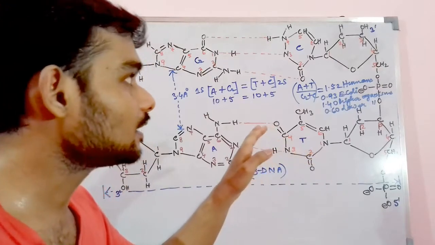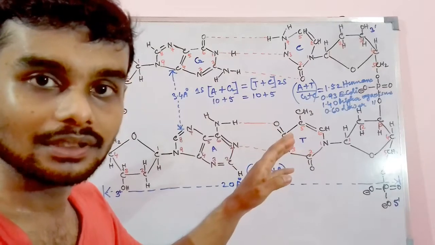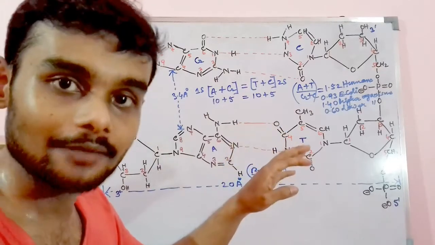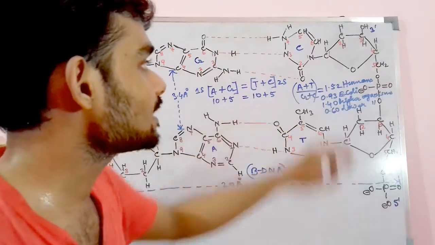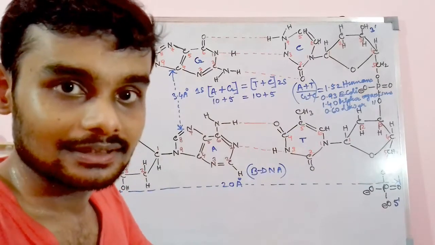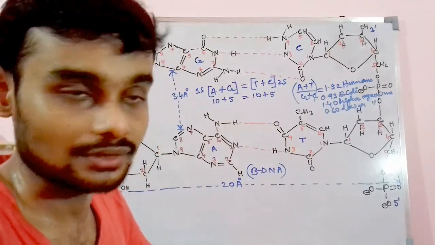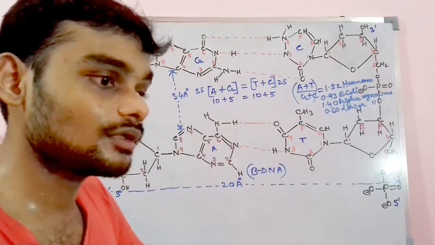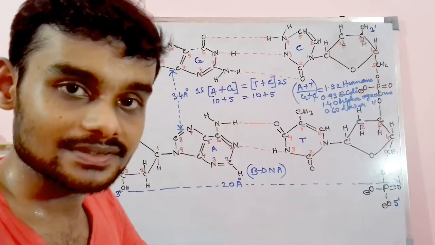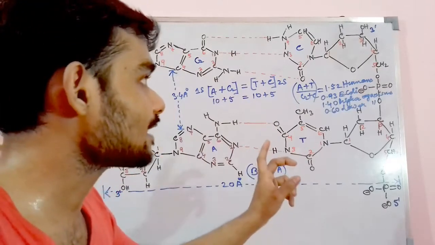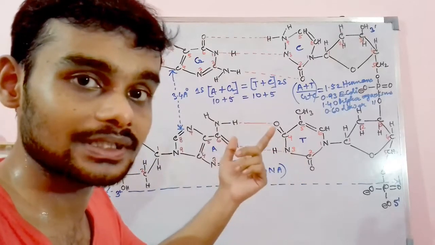So if we consider the total number of adenine plus thymine, adenine is pairing with thymine, right? That's why adenine and thymine are being added, as Sir Chargaff has mentioned. Suppose adenine is 10, then thymine would be 10.